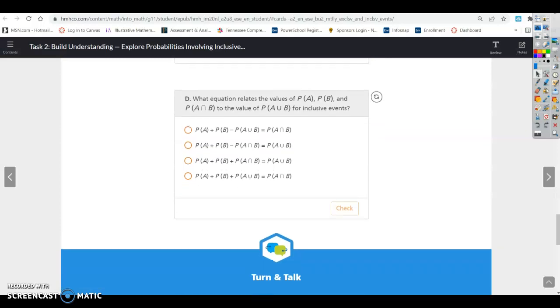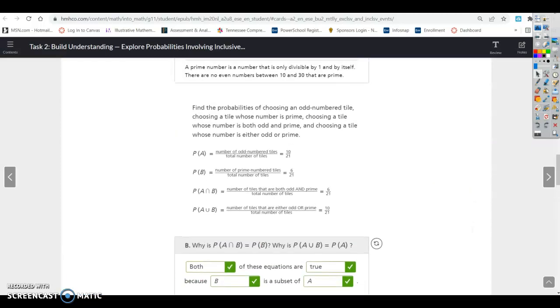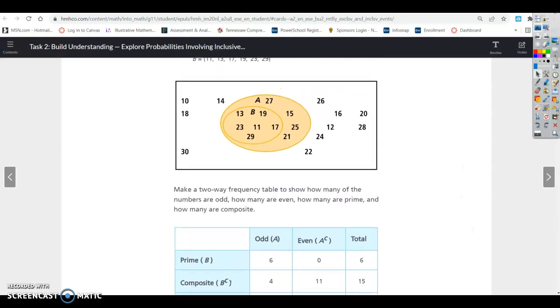So what equation relates the values of a probability of A, probability of B, and probability of A intersection B to the values of the probability of A union B for inclusive events? All right, so if we think about what equations relate, we know that the intersection is going to be just this part because all of these are in both of them, so that would be the intersection.